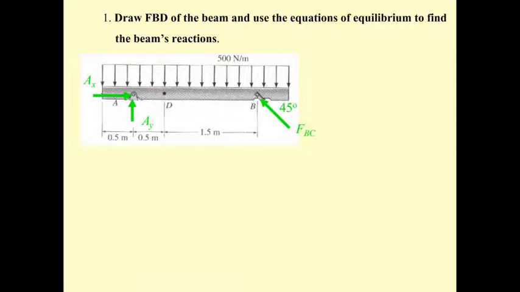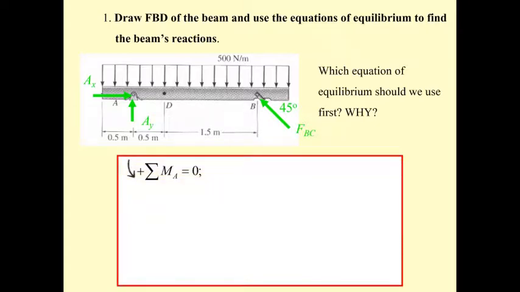And by using the equations of equilibrium, you can find the reactions. The best way is taking the moment at A to be 0 to eliminate A sub x and A sub y out of the equation.